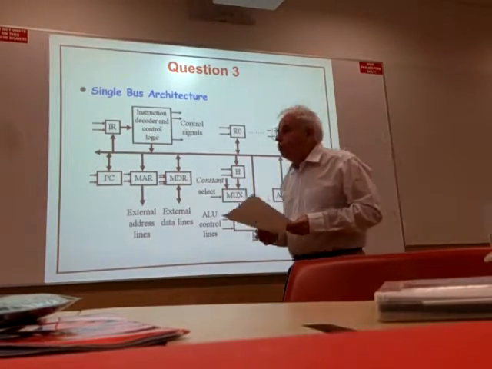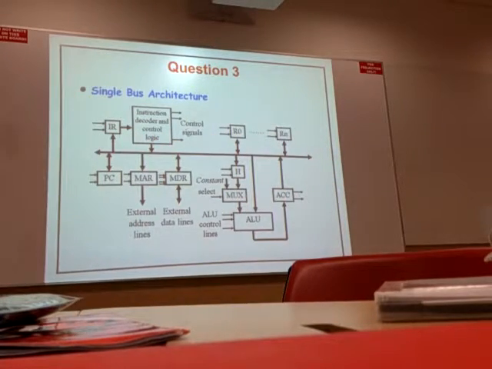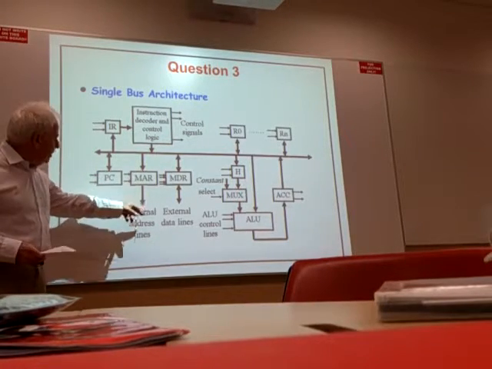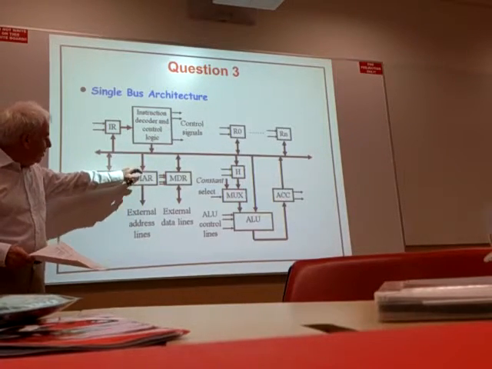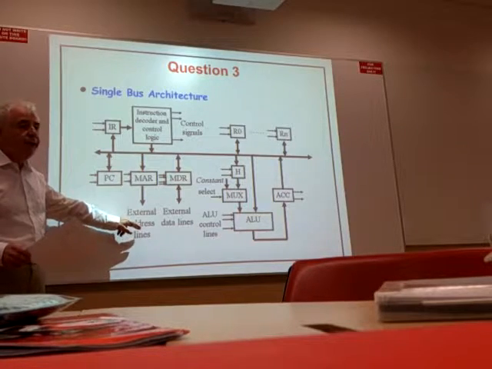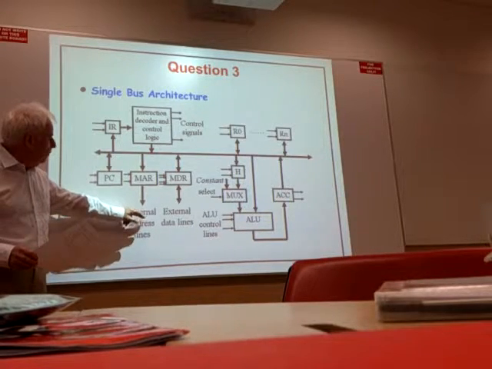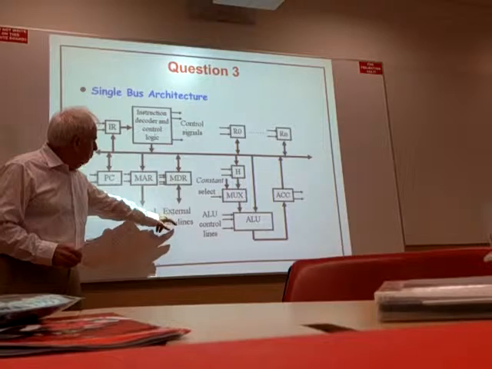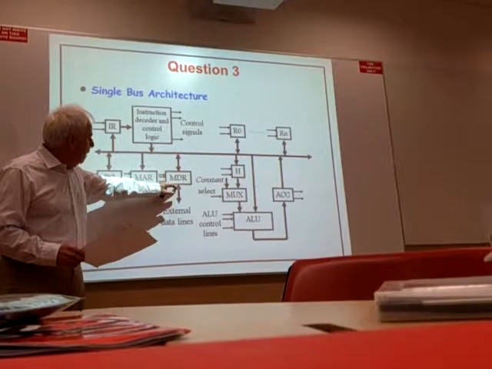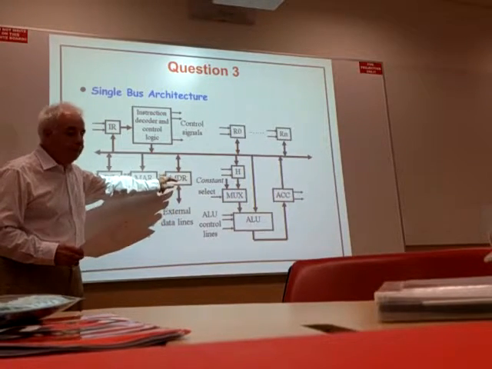Okay, and then we have 2B. We've already sent the address to external memory and read the value, so that value will come back from external memory and be input into MDR.